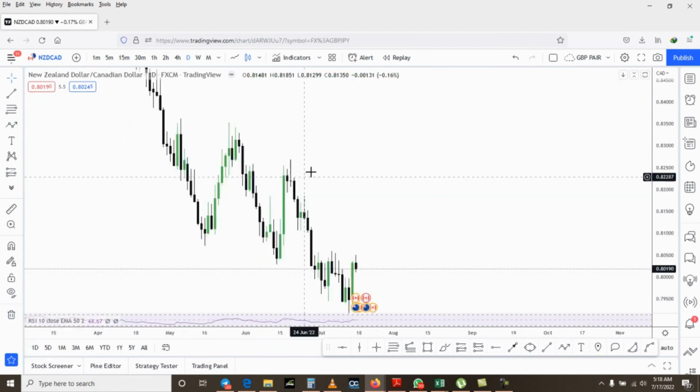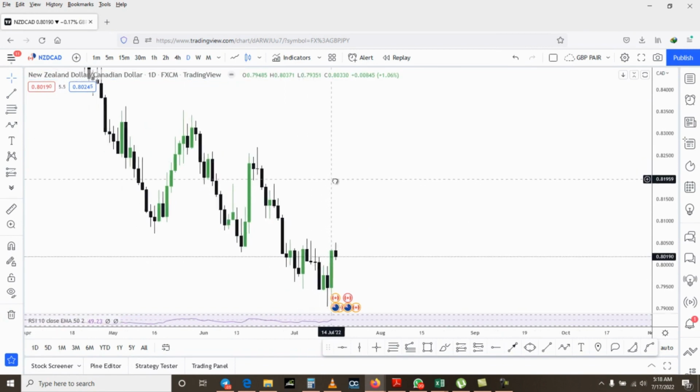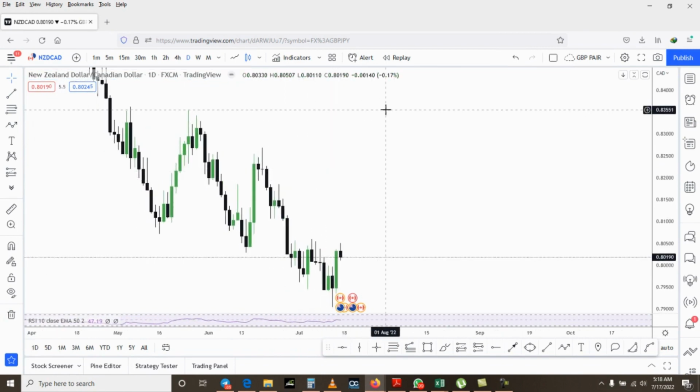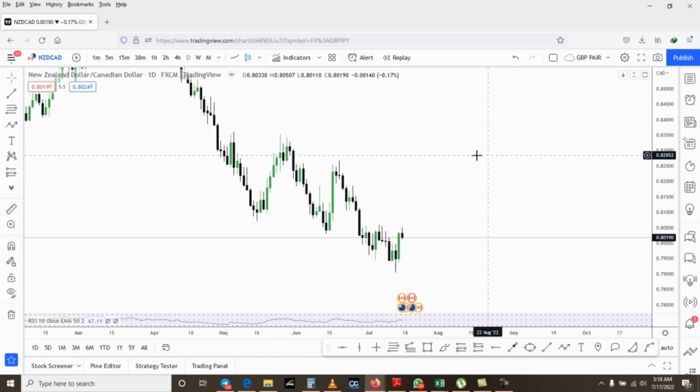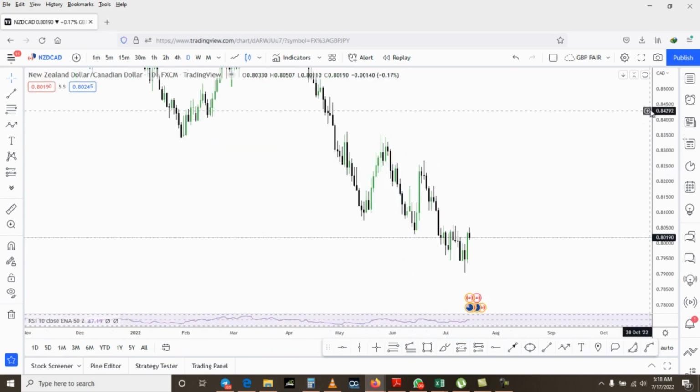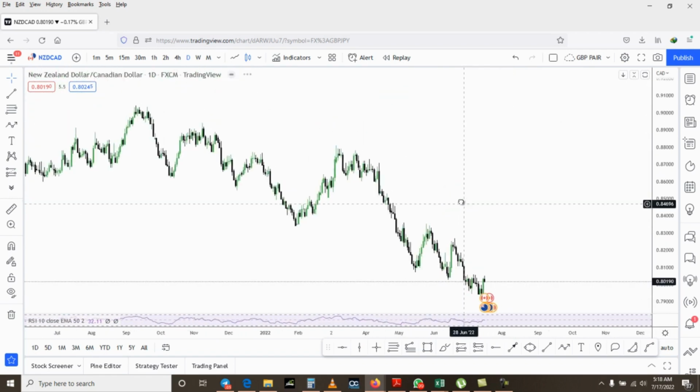Now this is the chart of the NZD/CAD, New Zealand dollar and Canadian dollar. This is my daily chart.